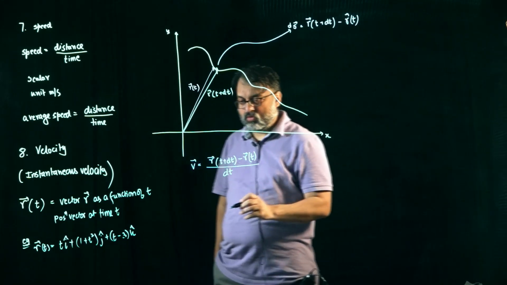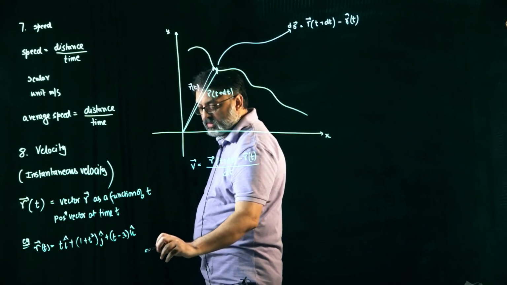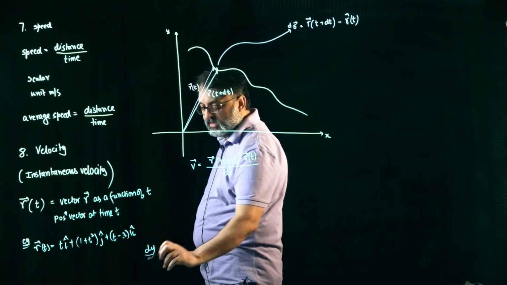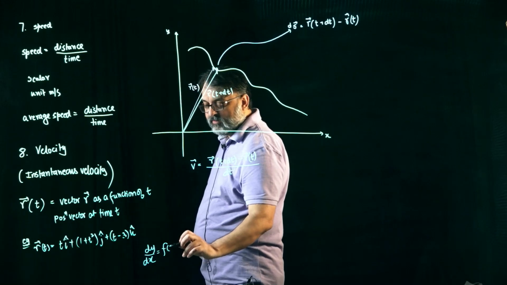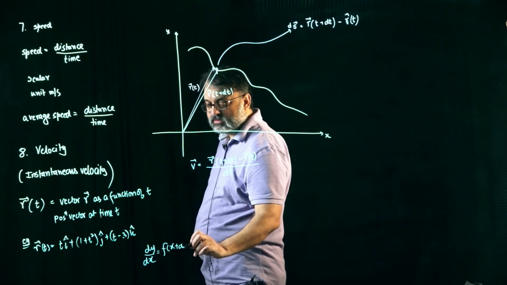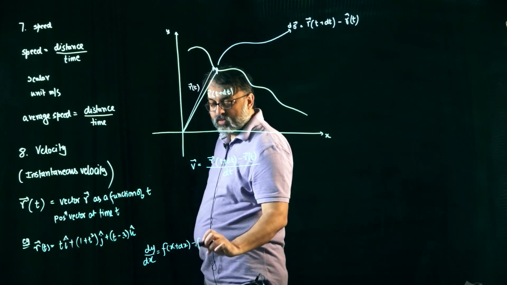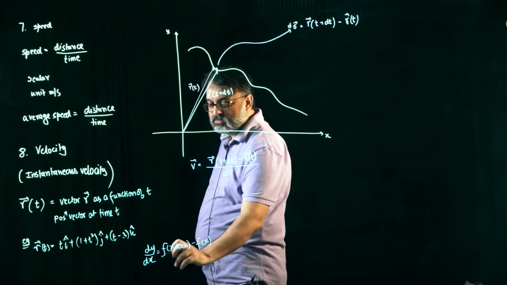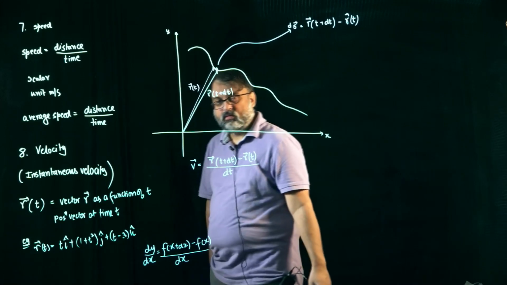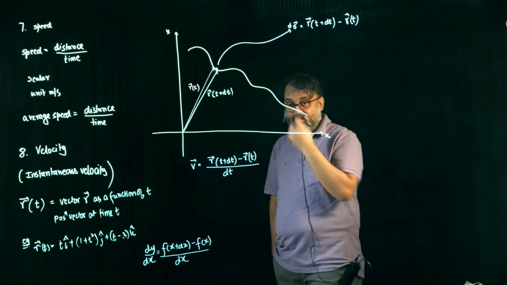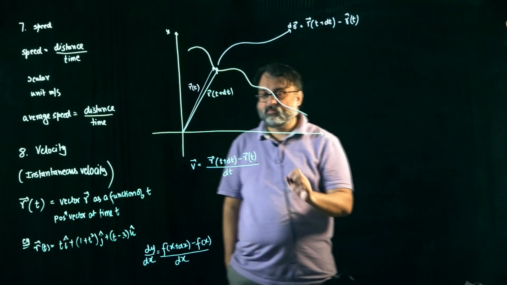dy by dx was defined as f of x plus dx minus f of x whole divided by dx, right? This is exactly the same thing.